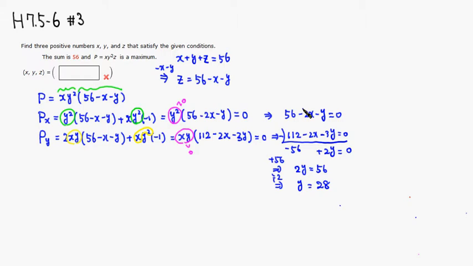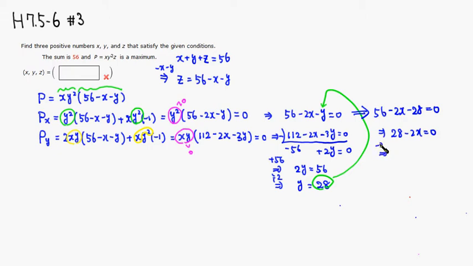Once you have 28, we can plug this into wherever you want. I'm going to plug it in here. Then we get 56 minus 2x minus 28 is equal to 0. 56 minus 28 is 28, and minus 2x is equal to 0.